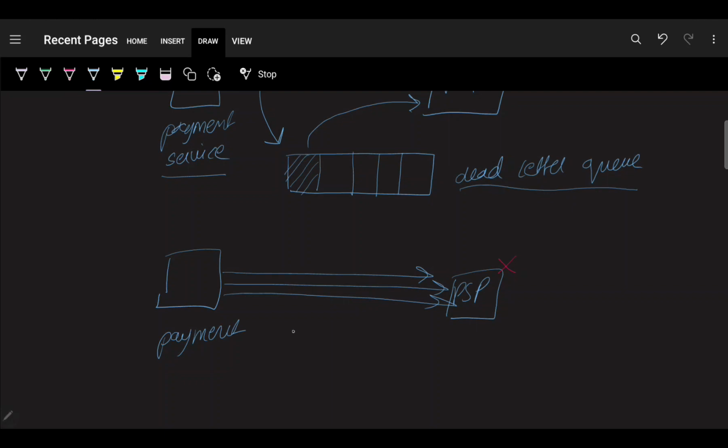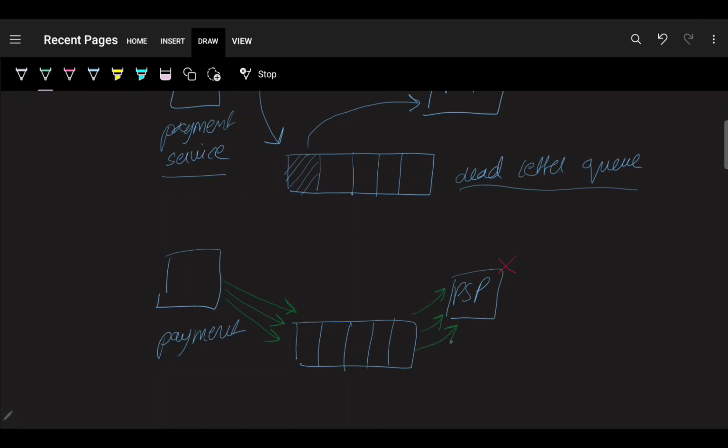Again, we will be using a queue over here, and we'll get rid of this particular motion, and we are going to make sure that all of our data lands into our queue first, and then it's consumed by the PSP. So you can use, let's talk about the tool later.